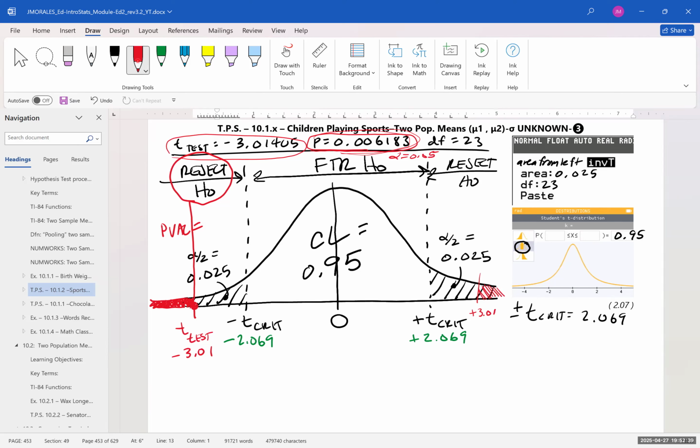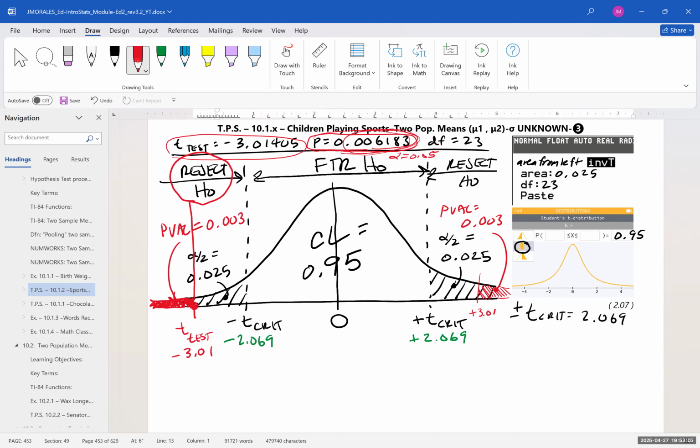So that would be here. So the p-value that's actually in one tail only is going to be half of this amount. So that's going to be 0.003 roughly. Okay, and the p-value over here is 0.003.